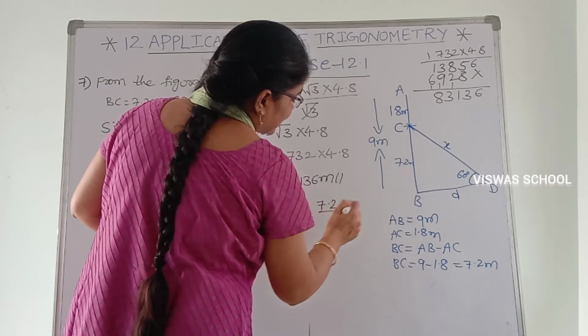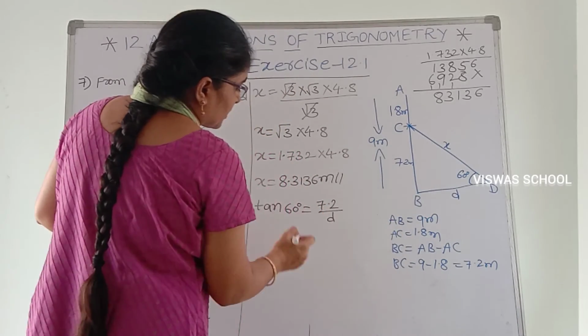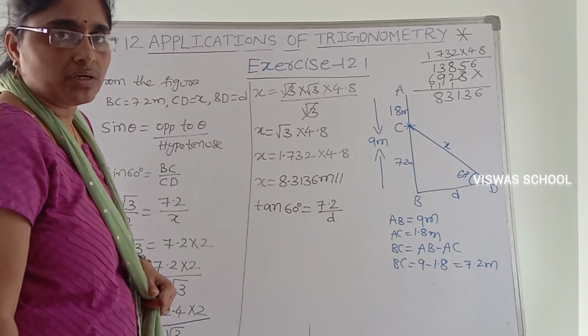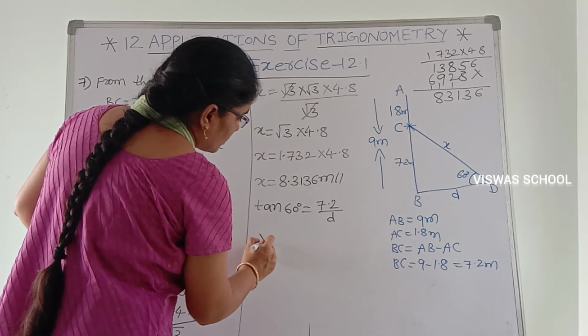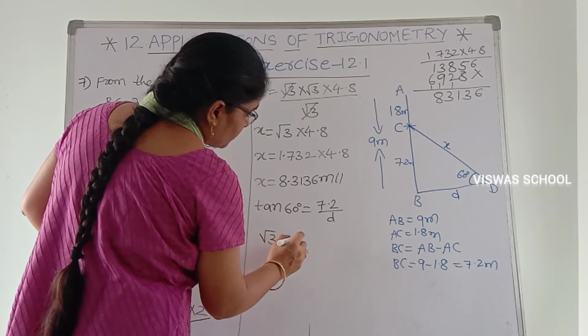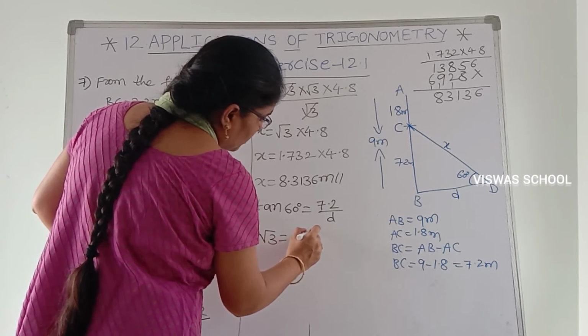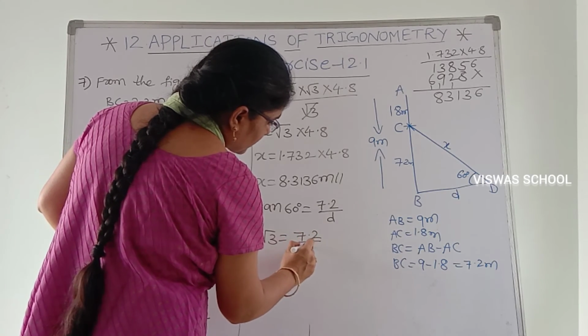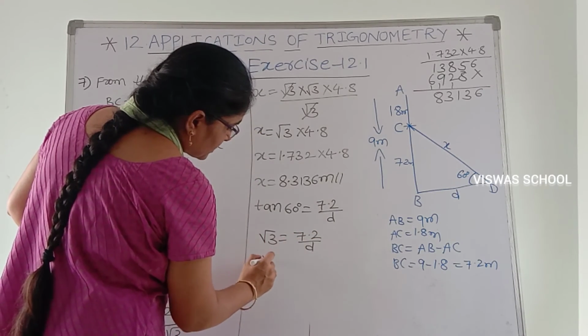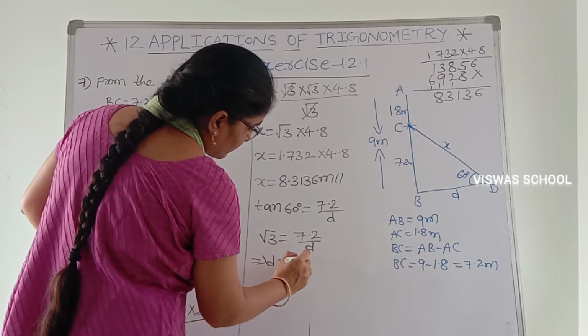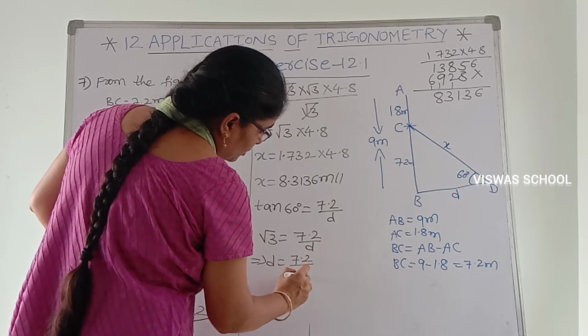That is, 7.2 by d here. Now the tan 60 value is root 3. Root 3 equals 7.2 by d. From this, d equals 7.2 by root 3.